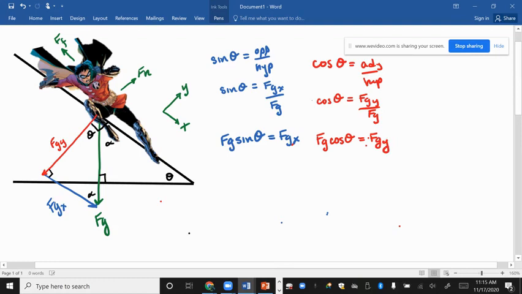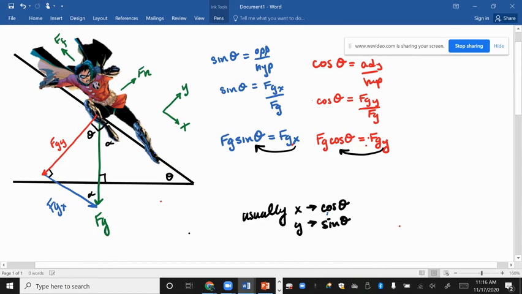So we have a new way of looking at it. When you have an inclined plane problem, X now goes with sine and Y now goes with cosine, which is the reverse of what is normally true, because usually X goes with cosine and Y goes with sine.